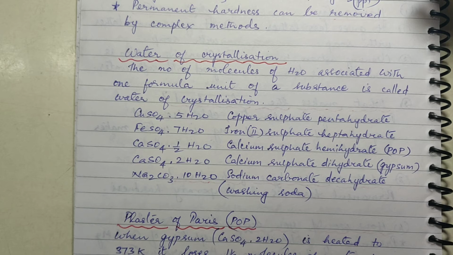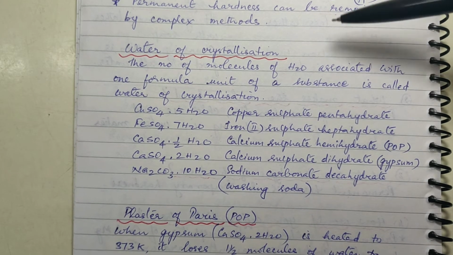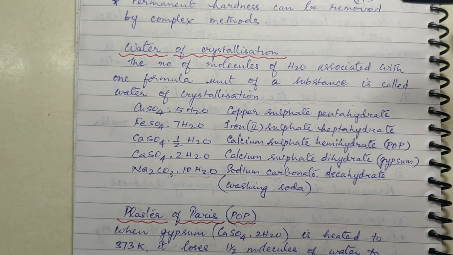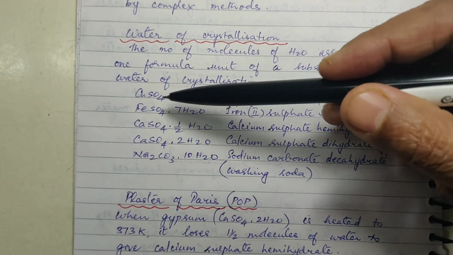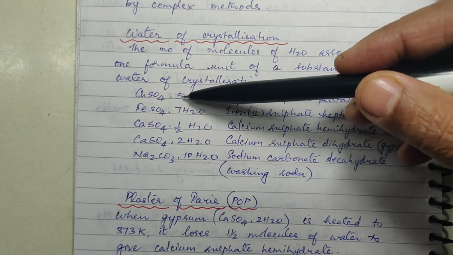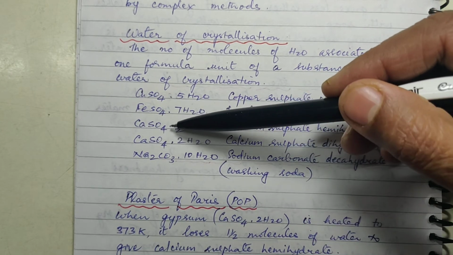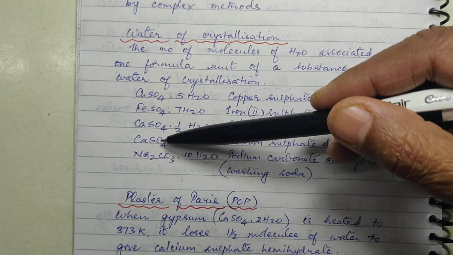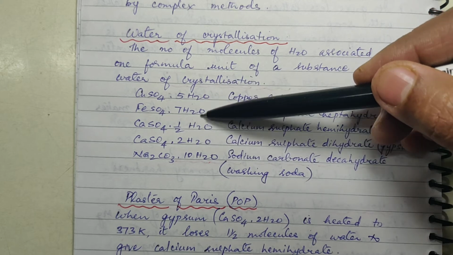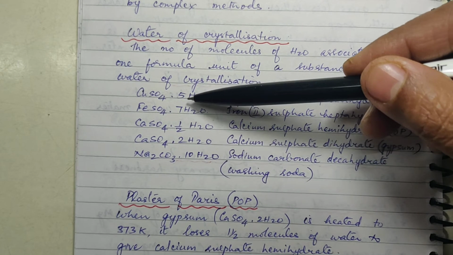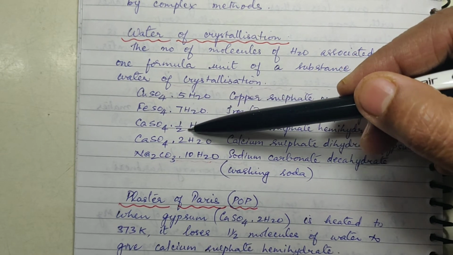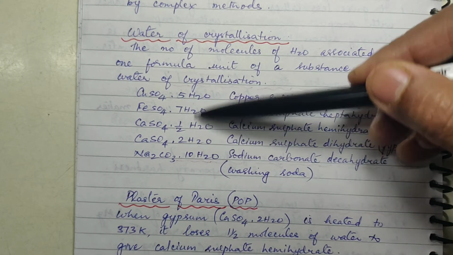Now let's come to water of crystallization. What do you mean by water of crystallization? You have CuSO4·5H2O, FeSO4·7H2O, CaSO4·½H2O, CaSO4·2H2O. Like that you have so many salts having a fixed number of water molecules along with their formula units.